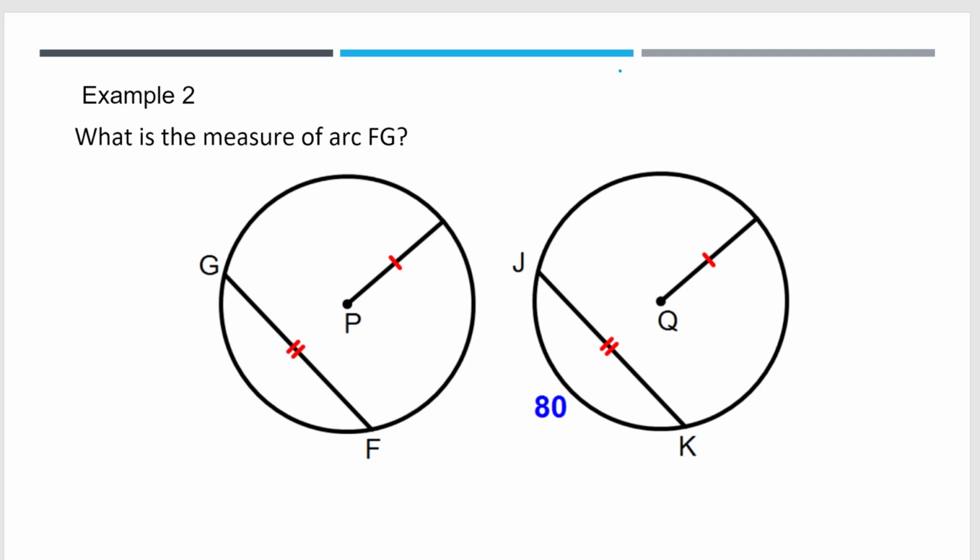So in example 2, we're given 2 different circles, and we're asked what the measure of arc FG is. So FG is this arc. If we have 2 congruent circles, and you can see that the chords are congruent by this double hash mark, then that means that FG is going to be 80 to match the arc of the right-hand circle.